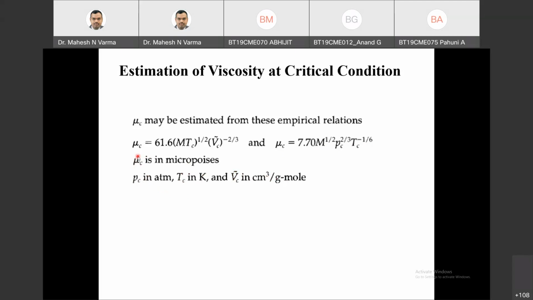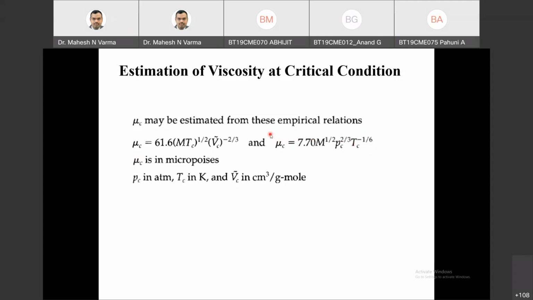Sometimes in an empirical relation, it will not be consistent unit-wise. There will not be unit consistency in an empirical relation, because these are all experimental data put together and fitted in this equation to get this constant. So I don't know what the unit of this constant is. This is in atmosphere, this is in Kelvin, and this is in micropoise, so accordingly you can get the constant.